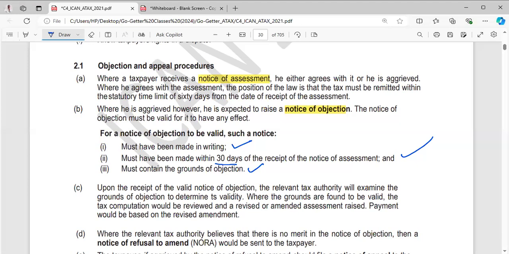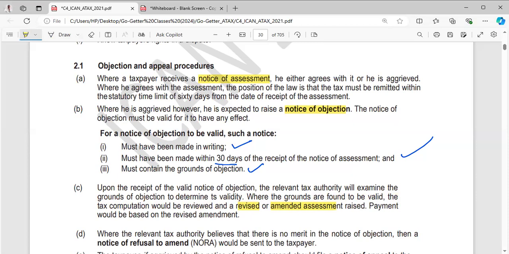It's called a revised assessment or amended assessment. When you get that and you are happy, you will have 30 days within which you will make payment.